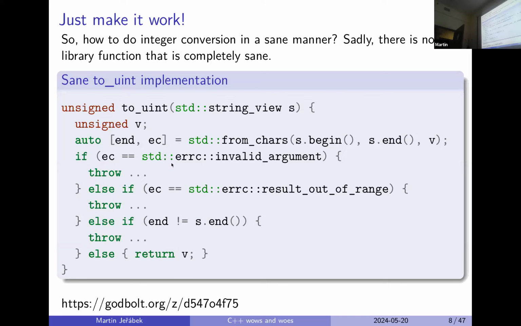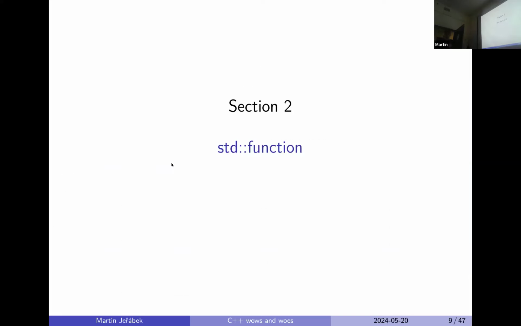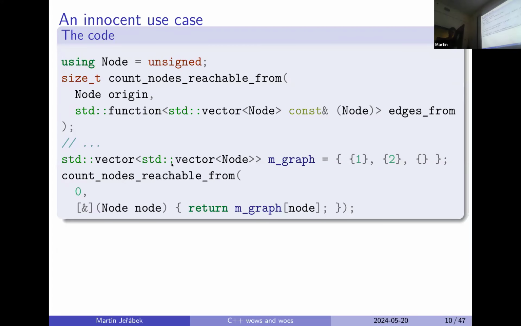Yep. Okay. Another thing, now a little bit more arcane, is things with std::function. And we try to use it. Here is an example of a function which does something on a graph.